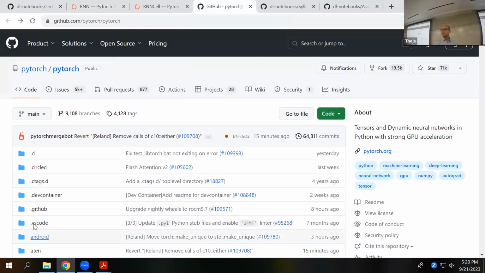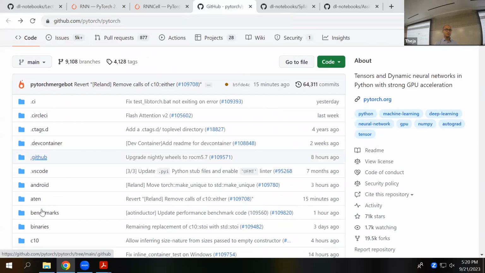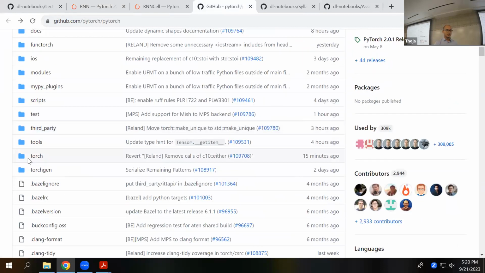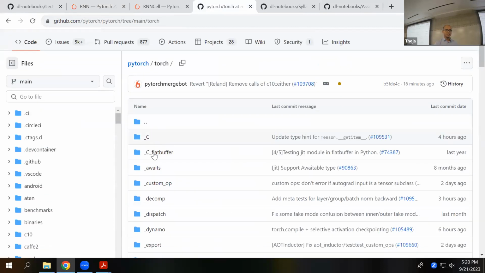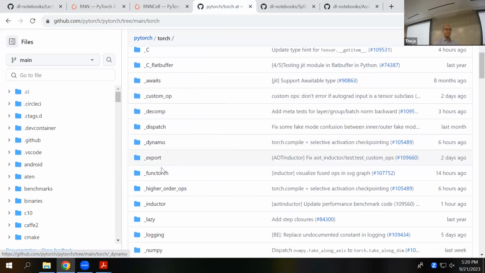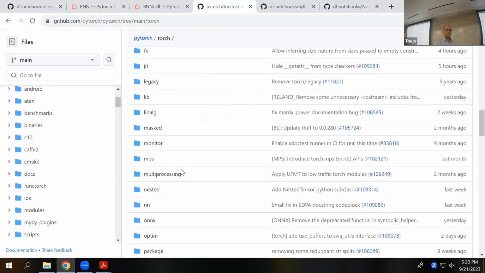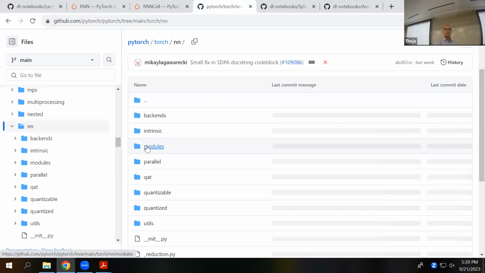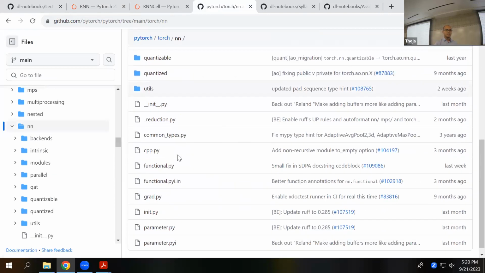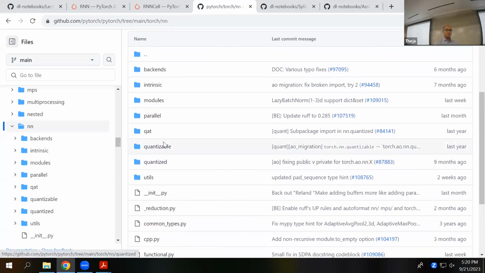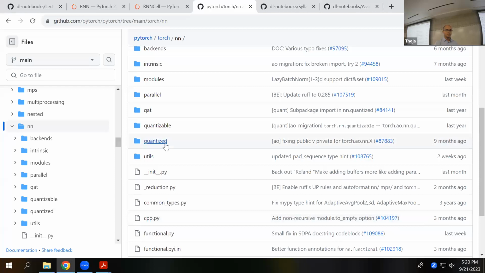Obviously, if you want to check everything, you can go to the PyTorch repository and actually look at the implementations. Much of the functions are going to be C++ based, but you can look at some parts which are Python based, like torch.nn. We were looking at backends, parallel.